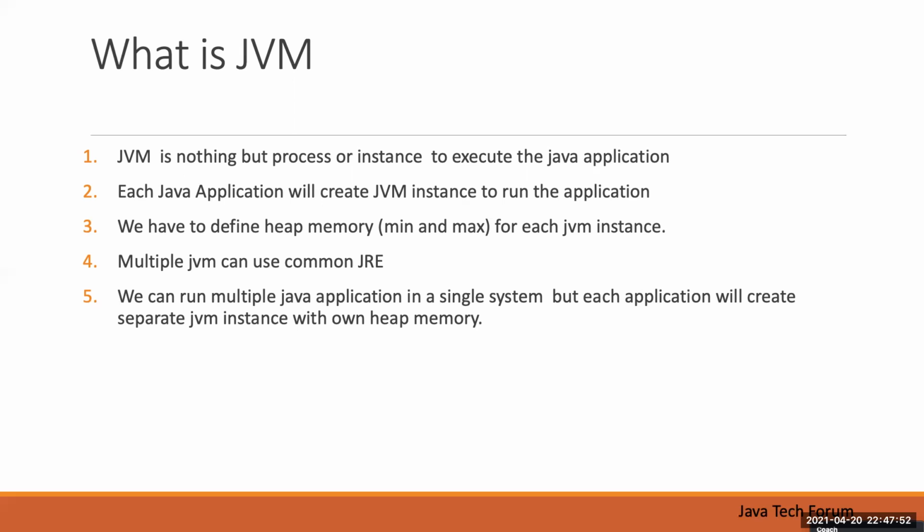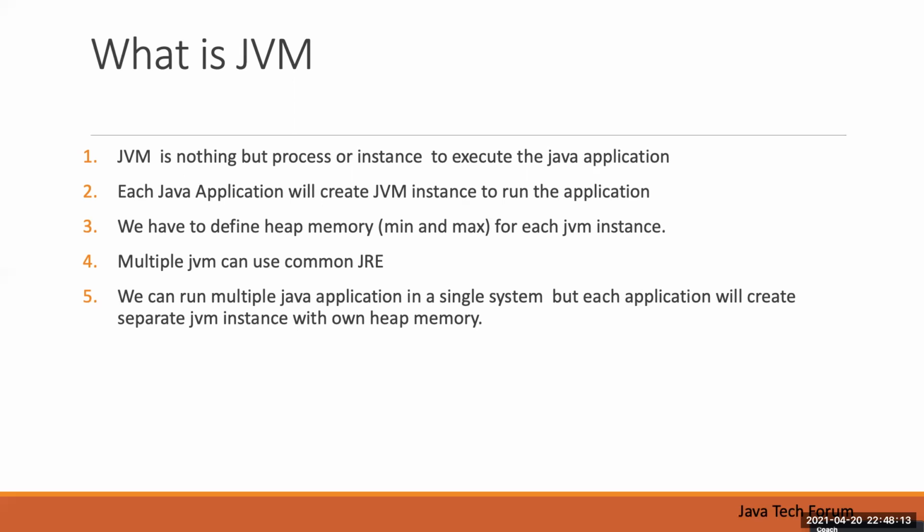Multiple JVMs can use a common JRE. For example, if you have one JDK, we can run multiple Java applications by pointing to the common JRE library.